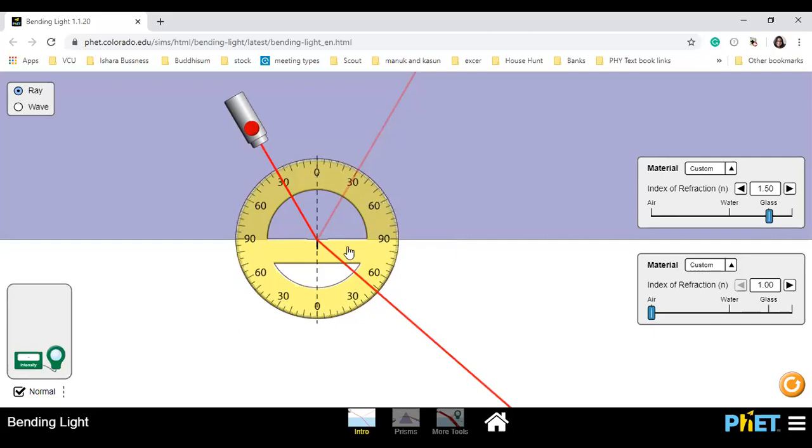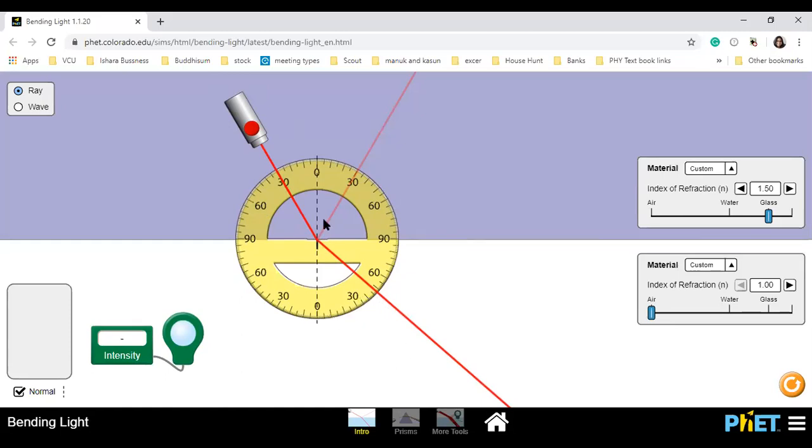You have your protractor that you can measure the angles, and also if you like, we can measure the intensity as well. Let's say my first medium, the incident medium, is glass, and let's make the second medium air. So basically the light rays are incident from a denser material and entering into a lighter material, right?